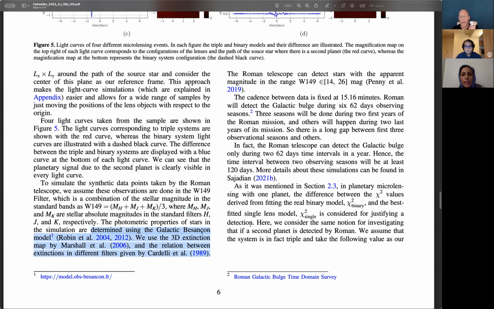And we also consider all details, for example, extinction, and the real distribution of the source star and the lens star. For the source star, we consider the mass, and the spatial distribution of the stars in each line of sight from the observer to the galactic bulge in the different fields, and we determine their distance.